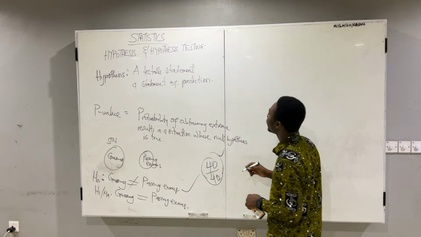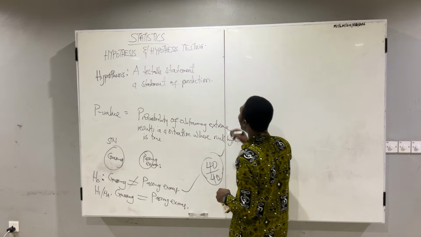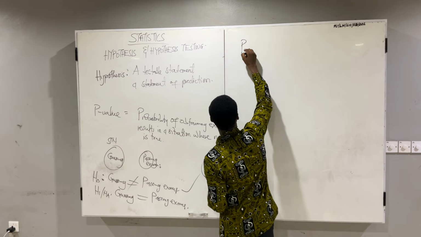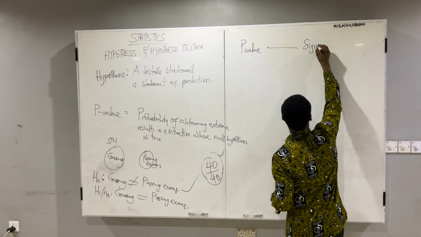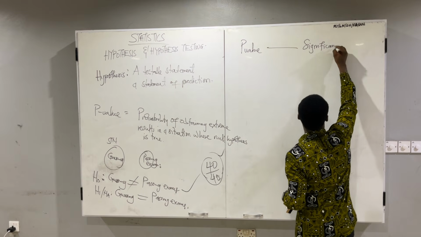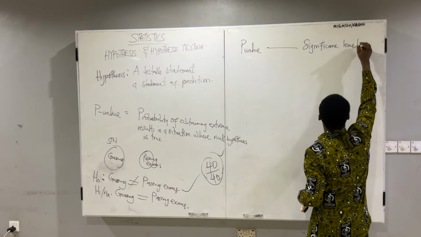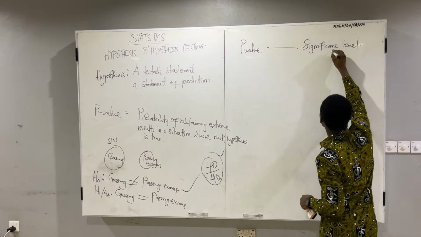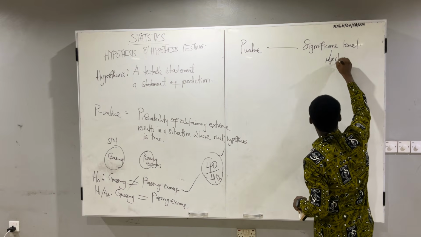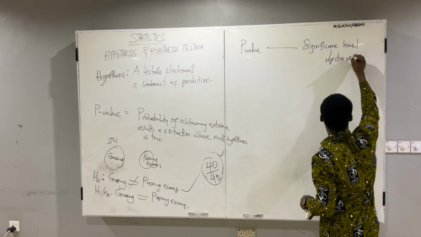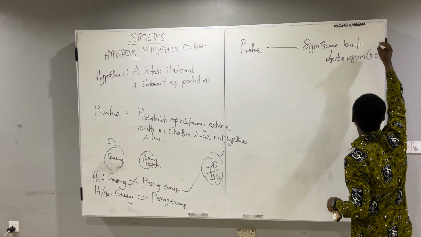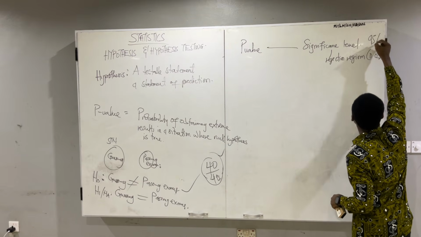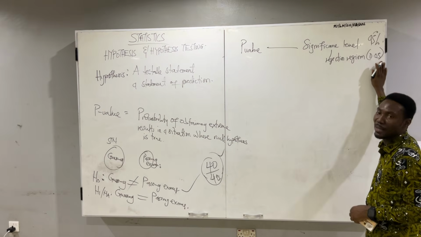Now, there are some rules over here. Usually, we compare the p-value to the significance level. And remember I told you the significance level is the rejection region. And usually if significance is 0.05, meaning confidence is 95%, it means the significance is 0.05.